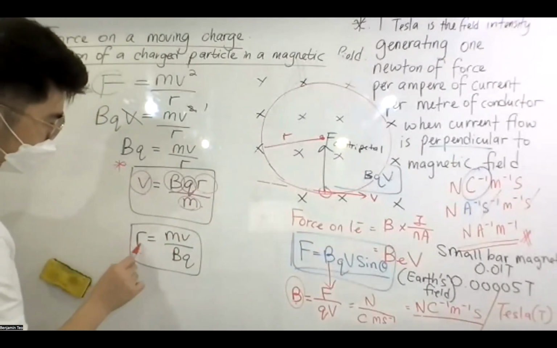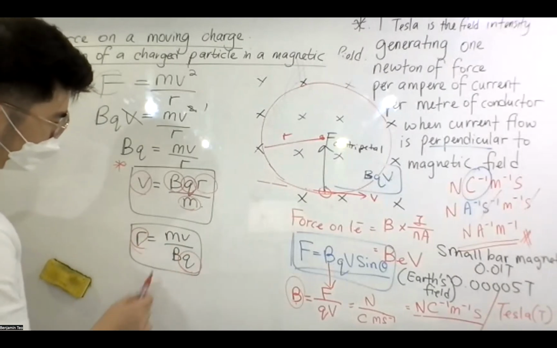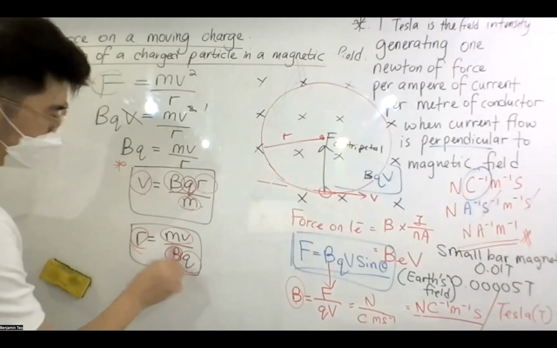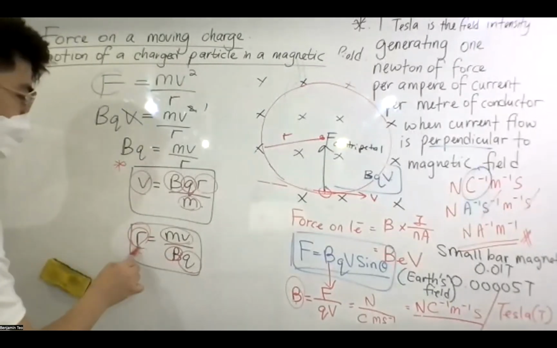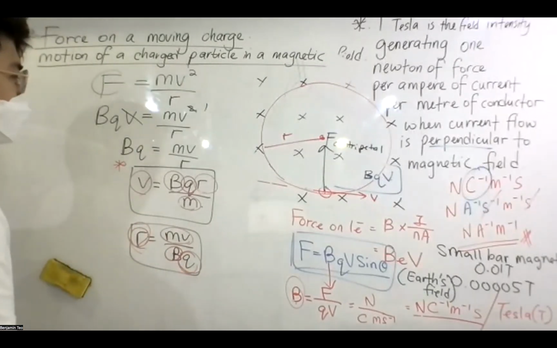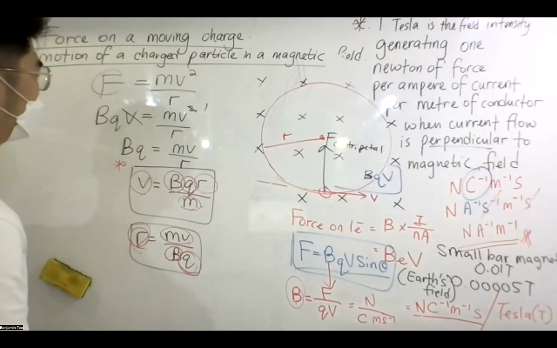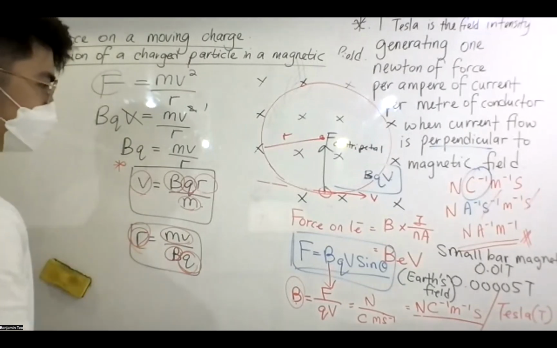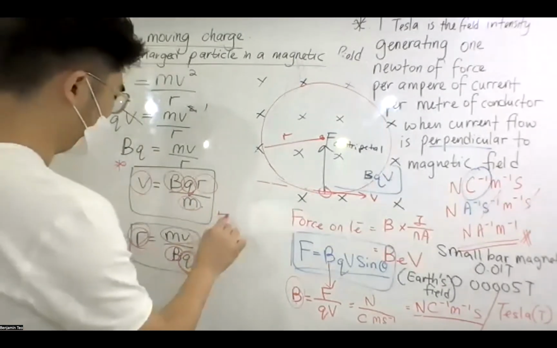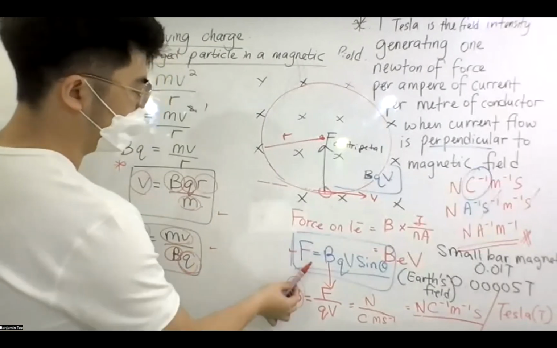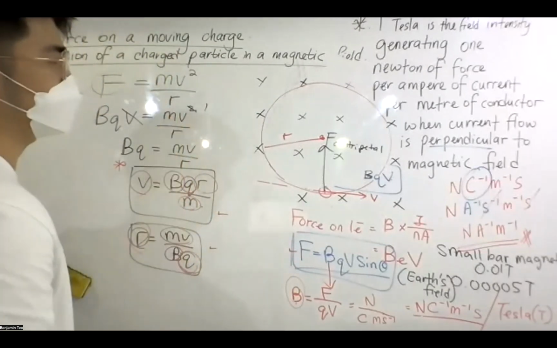If you want to see the relation between here and here, you have to make sure these are all constant. Then only you can see the relation between this and this. So how many formulas? This one, this one, this one, and the BIL.